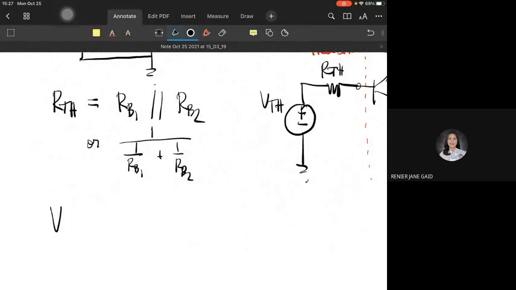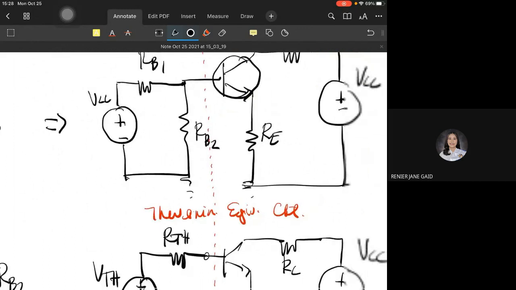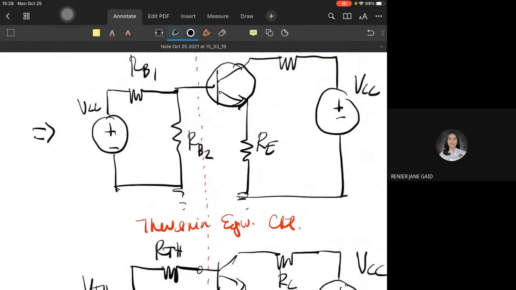How about for VTH? Here, what is the VTH voltage? What is the voltage drop at this point? It's easily the voltage divider voltage, the voltage drop of RB2 using the voltage divider.